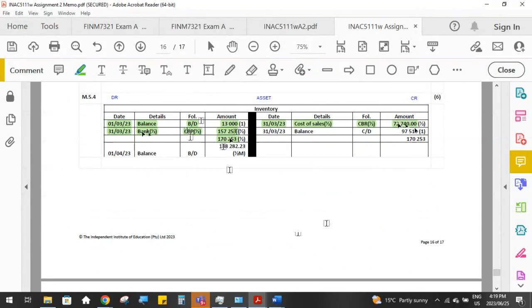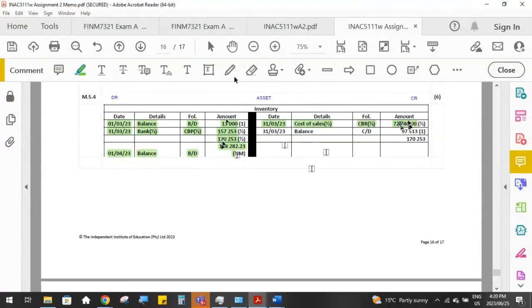That means that the debit side is greater, which means that my balance is going to be brought down on the debit side. But in order to work out how much that balance is, I need to subtract my total credits, 72,740, from my total debits, 172,53.